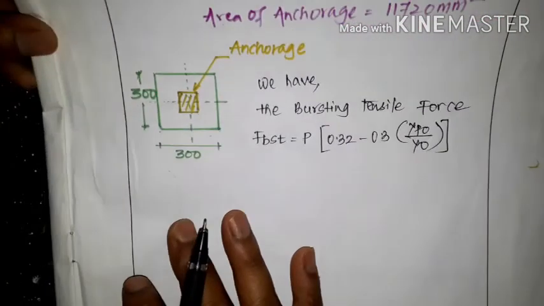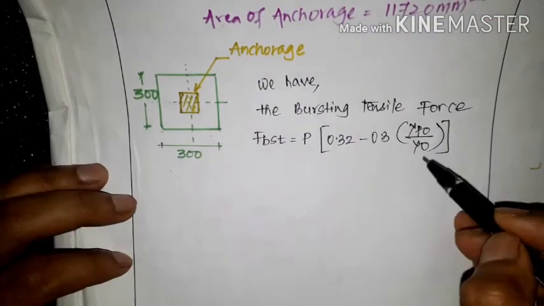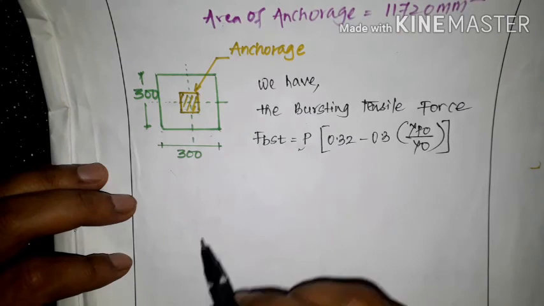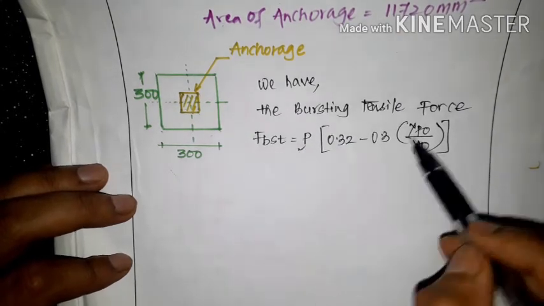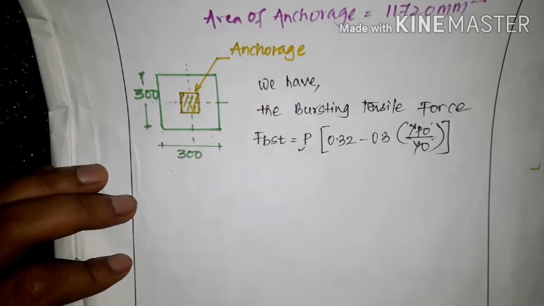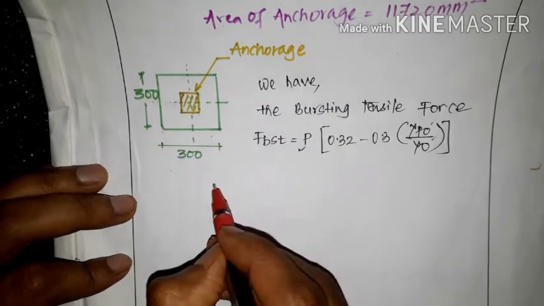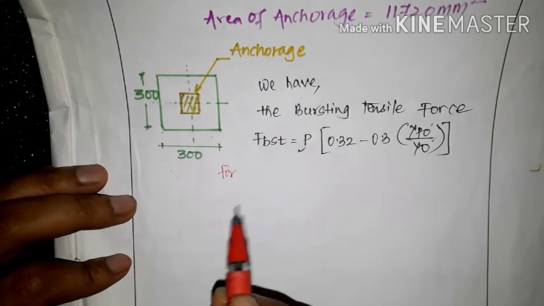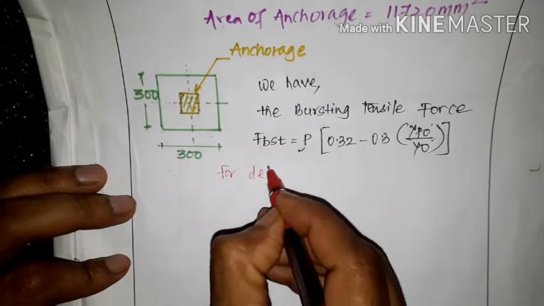So here P is given. First you look out, P is given, then the question is to get yp naught and y naught.